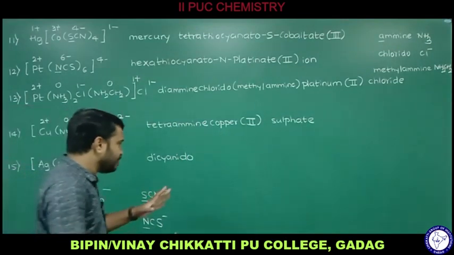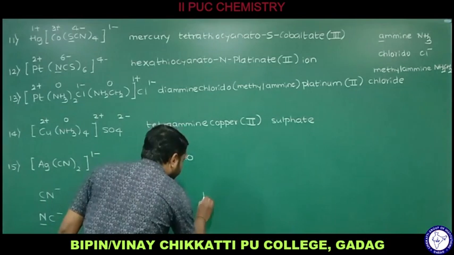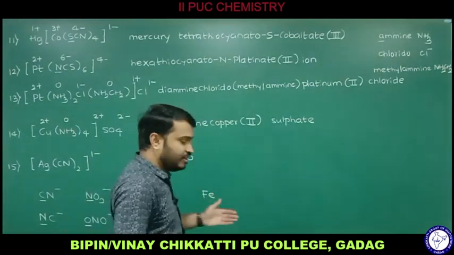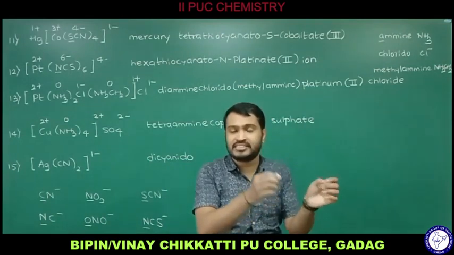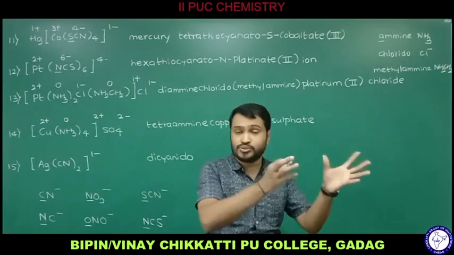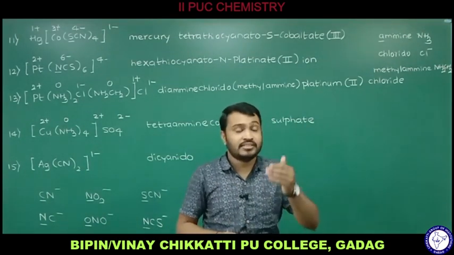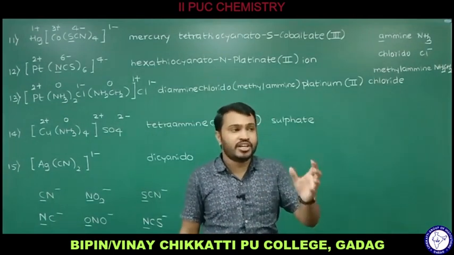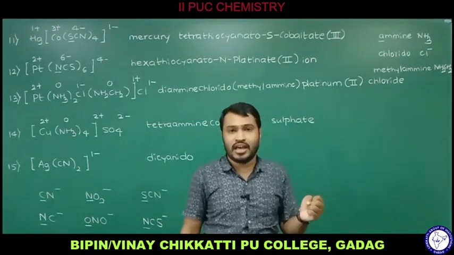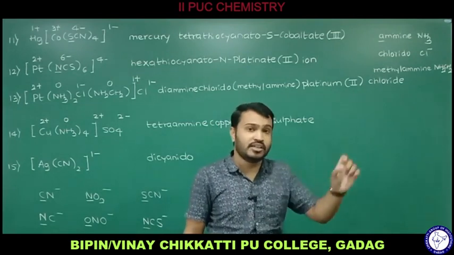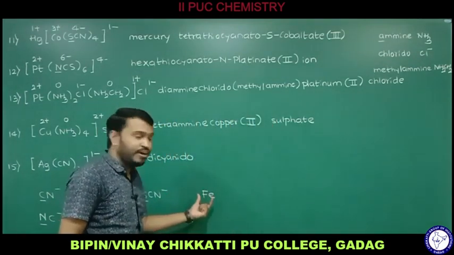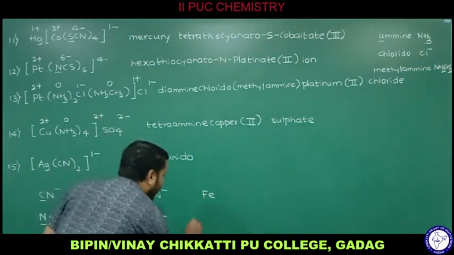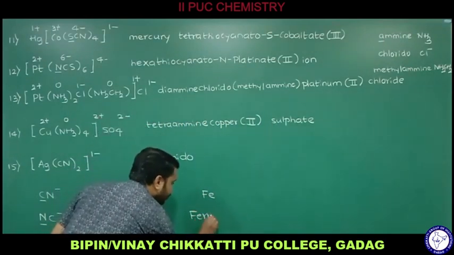Some examples, as I discussed, you need to know. As I said in the previous session, usually the first alphabet will be the symbol of an element. Sometimes the first two alphabets will be the symbol of an element. In some examples we consider the Latin origin as the name. Fe, iron, it is English, but in Latin this is ferrum.